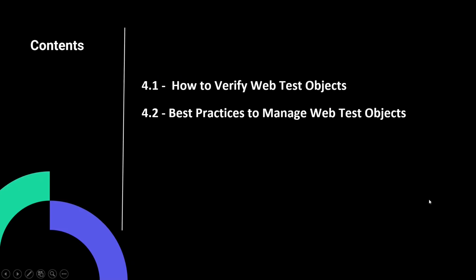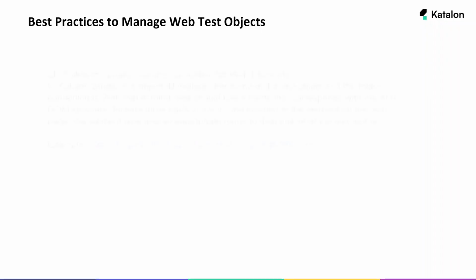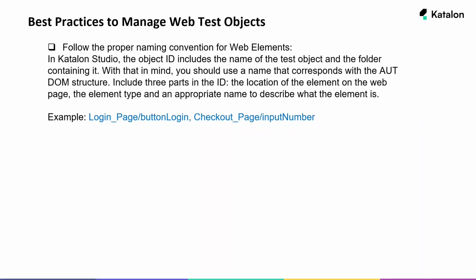As part of section 2 in chapter 4, you will learn the best practices to manage web test objects. The first one is we need to follow the proper naming convention for web elements. In Katalon Studio, the object ID includes the name of the test object and the folder containing it.